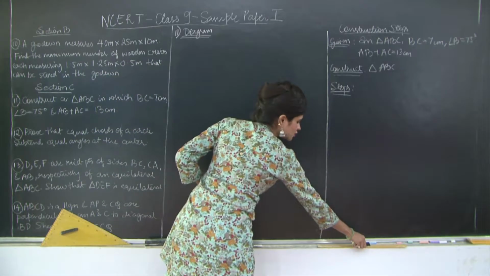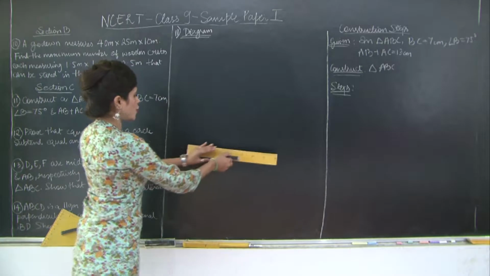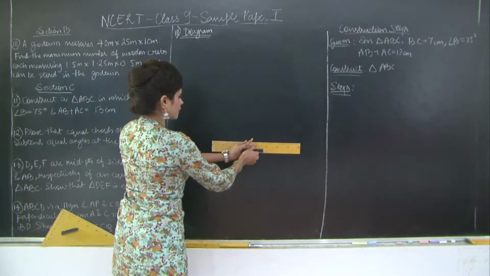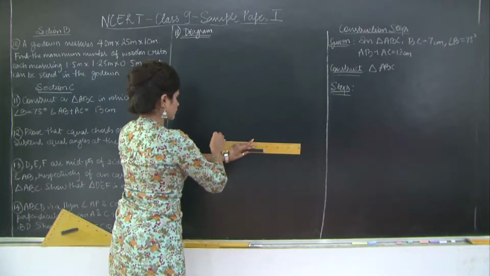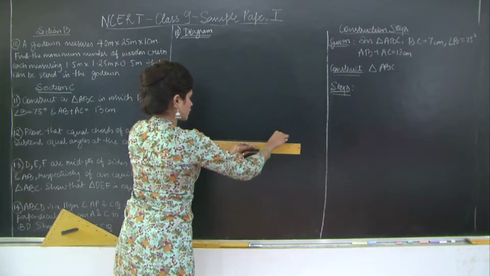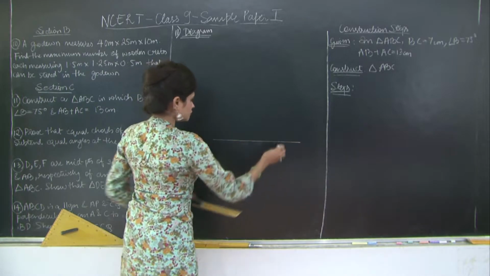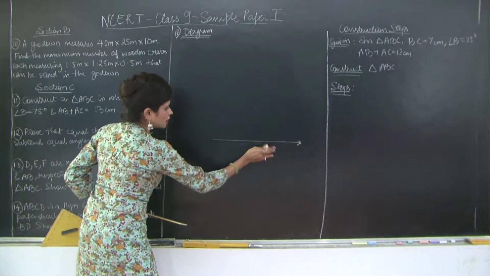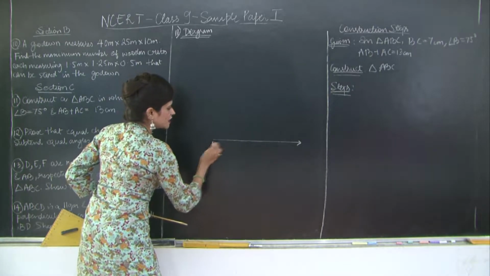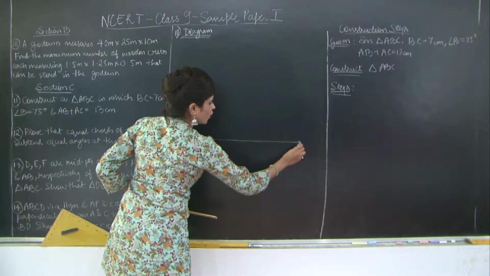So starting off the construction, we are first going to draw a straight line, with this center out here as B, and I will call this ray BO.